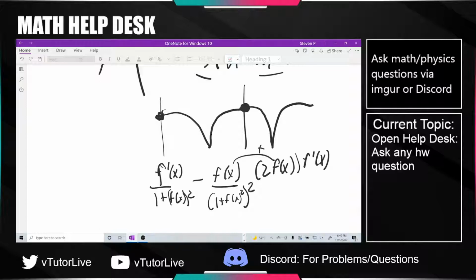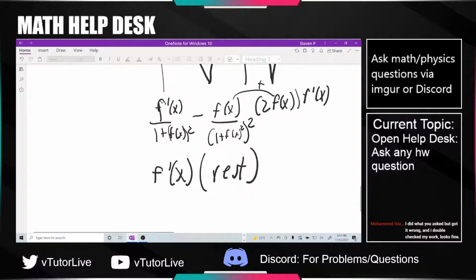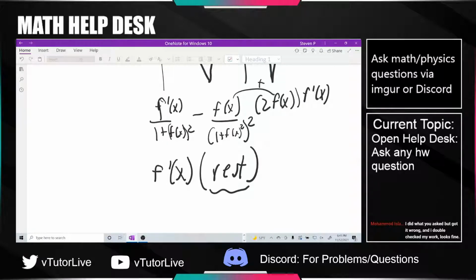Yeah, I mean, just take f prime common. You'll get this step. Take f prime as common, I think. Then you'll be able to match with the statement. Yeah, so the f prime is common, so I think you've got to show that f prime of x times the rest is consistently positive, and then I think you're golden.